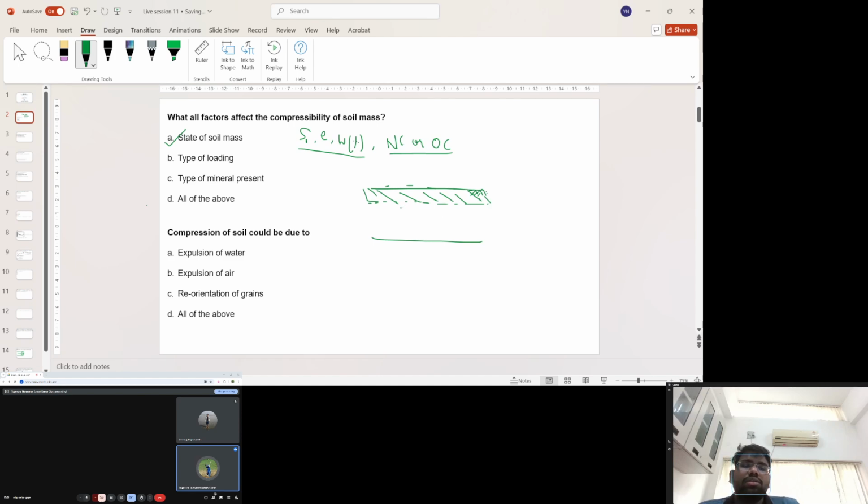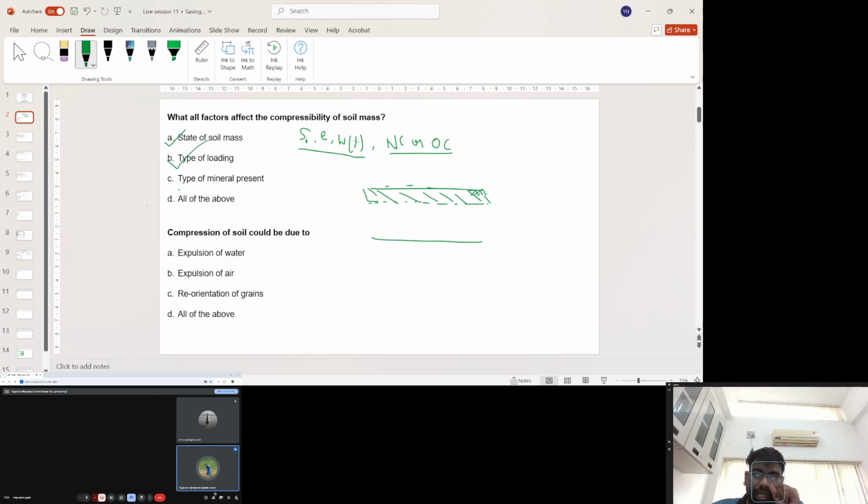In this situation, the nature of the state of soil here will convert itself from normally consolidated to over consolidated behavior. Hence, the type of loading may be of two types broadly: increment of load as well as decrement of load. It affects the state of the soil, which in turn affects the compressibility aspects. So option B is also right.